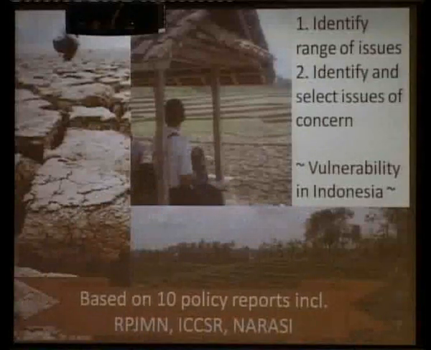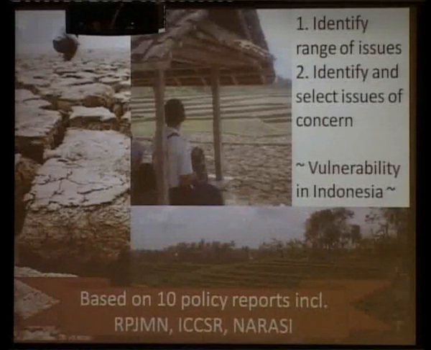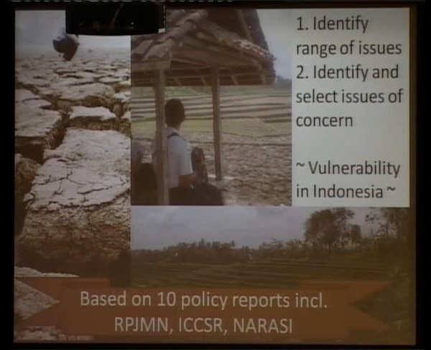And then to identify and select the issue of concern, we reviewed 10 policy reports, including the midterm development plan, national adaptation plan, national climate change strategy reports, and such.